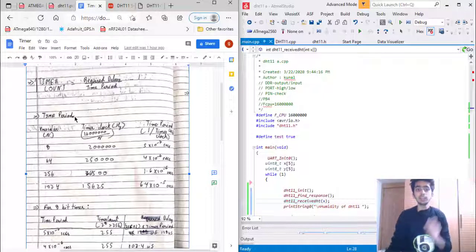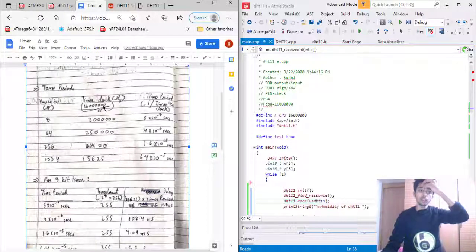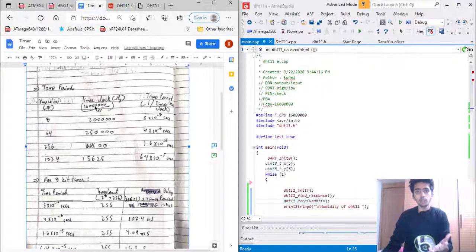Here the time period is the timer time period that depends upon the prescaler which we are using. If we are using a prescaler of n equals 8, 64, 256, 1024, then correspondingly my timer clock frequency will be the crystal oscillator frequency, 16 megahertz, upon n, and the time period will be the reciprocal of it.